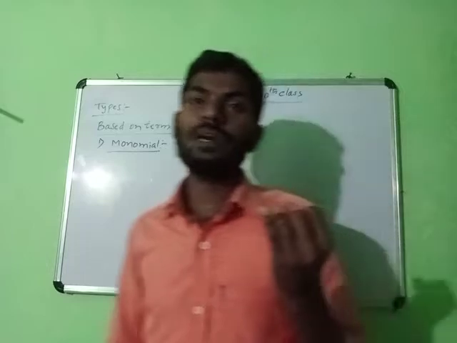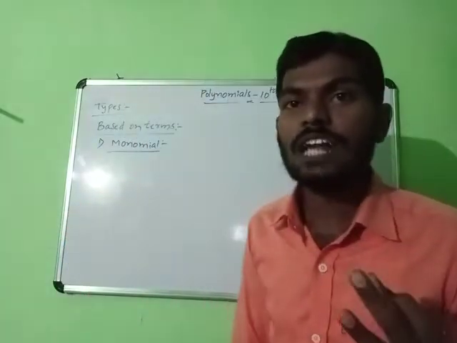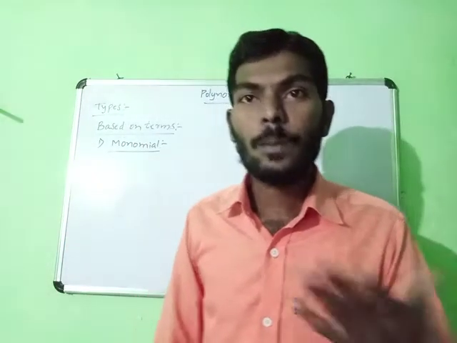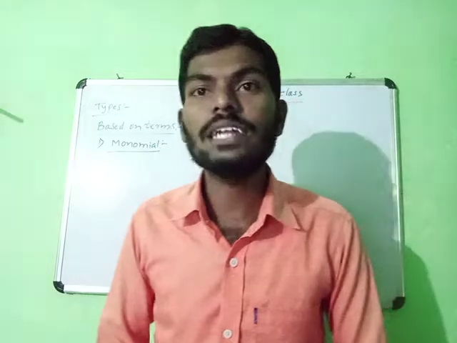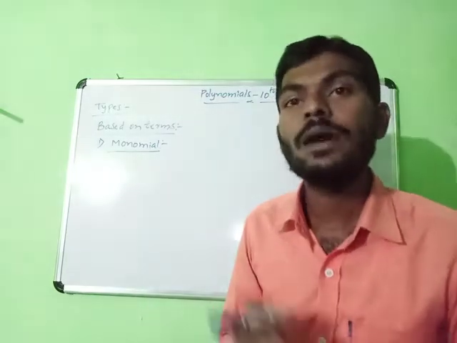There are some types: the first one is monomial, the second one is binomial, the third one is trinomial, the fourth one is polynomial, and the last one is multinomial.